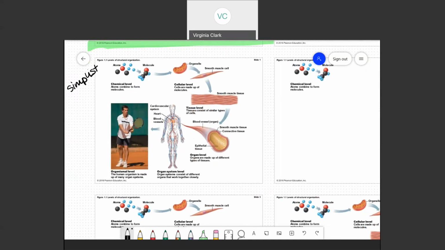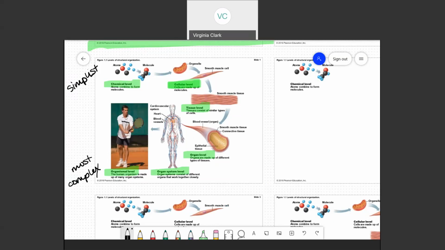And then it's going to build from the chemical level all the way to the cellular level, from the cellular level to the tissue level, from the tissue level to the organ level, from the organ level to the organ system level, and then at the very end, you are going to end up with the organismal level, which is, as a reminder, the most complex. So this is how the class is going to be organized.